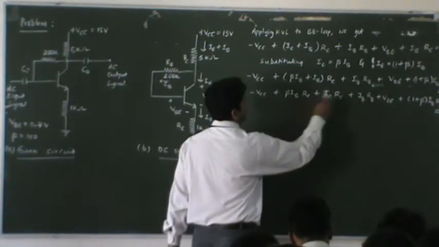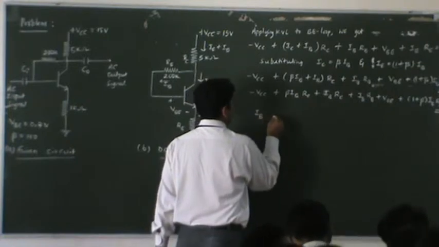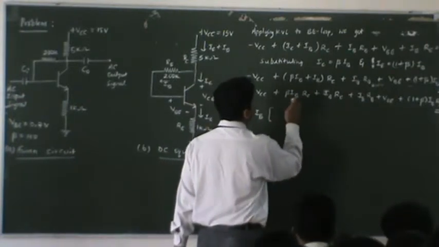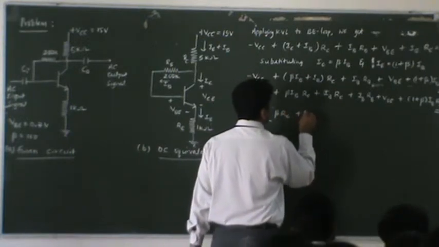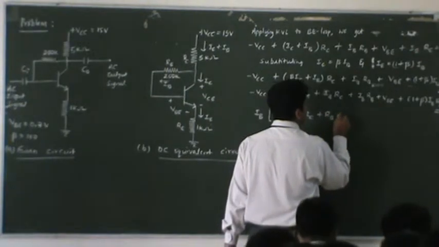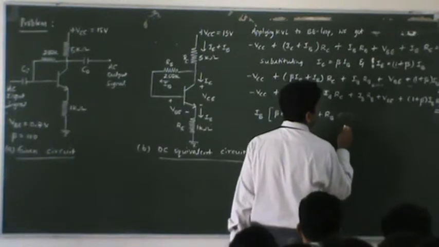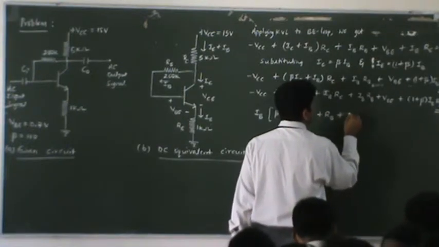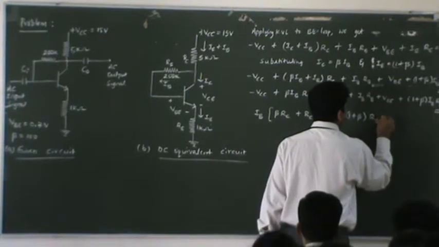You can take out IB as a common factor and simplify this for IB. IB taken as common factor, what is left out here? Beta times RC plus RC plus RB plus 1 plus beta times RE. VBE I transfer to the right hand side.